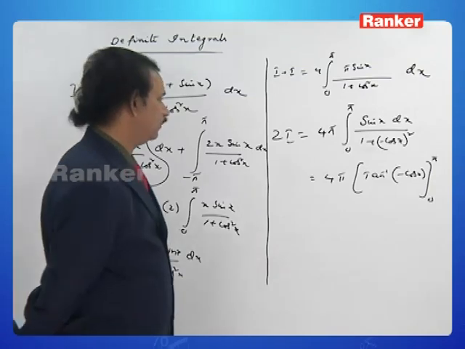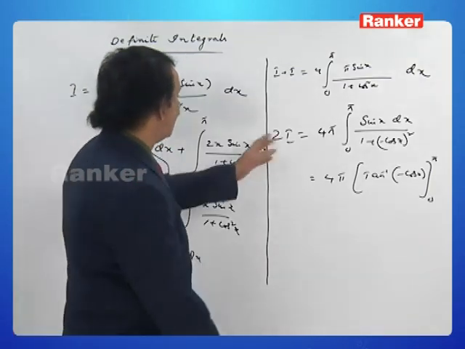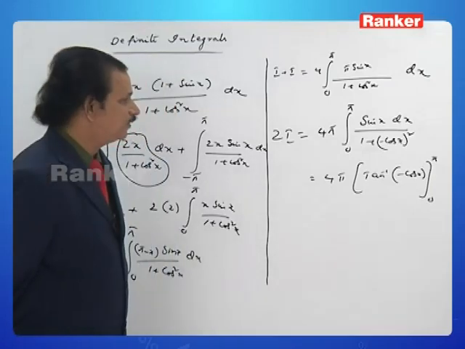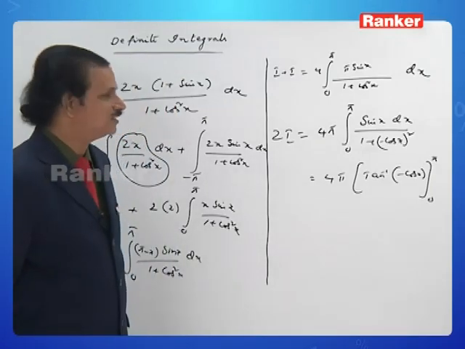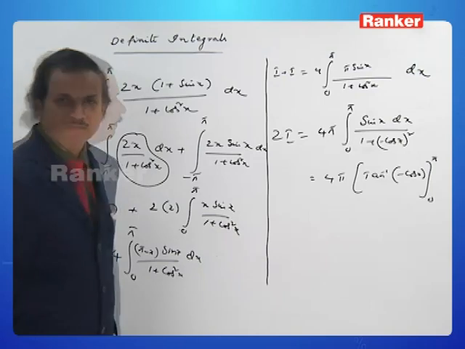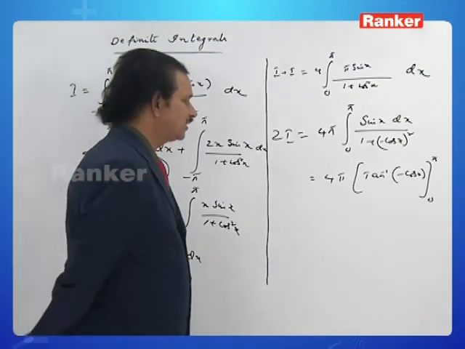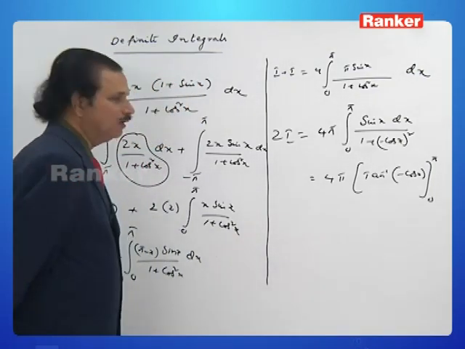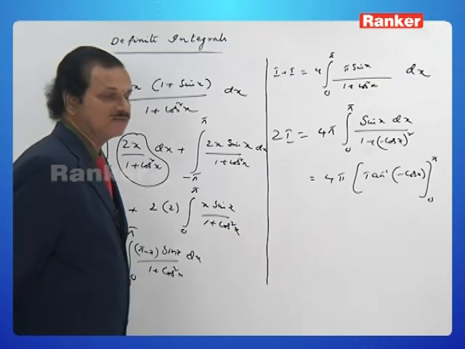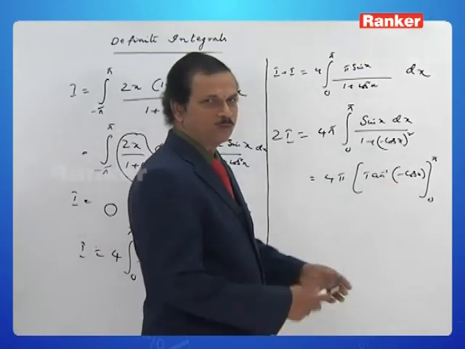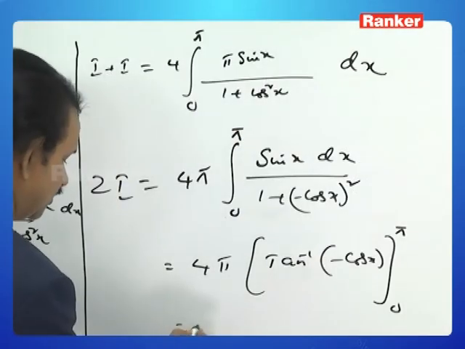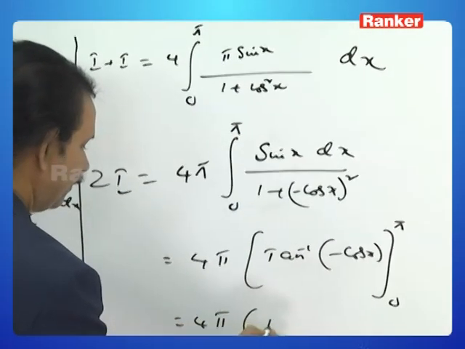So 2I is equal to pi times this. You substitute the limits. If x is pi, cos pi is minus 1, minus of minus 1 is 1, tan inverse 1 is pi by 4. So this is pi into pi by 4.